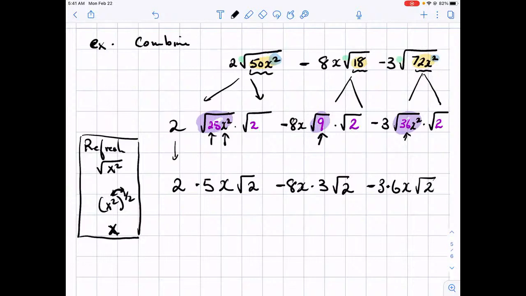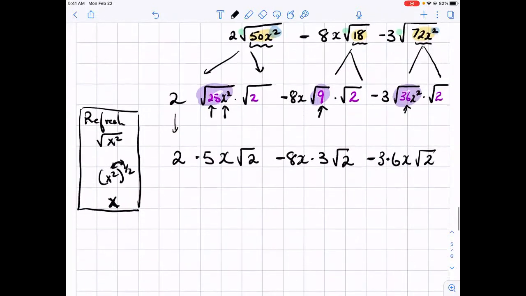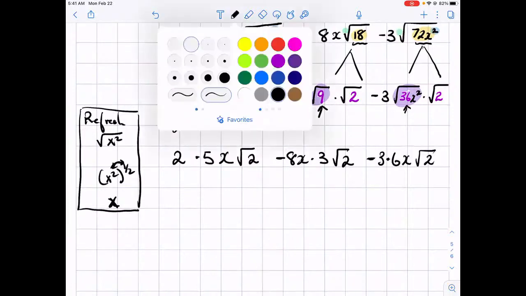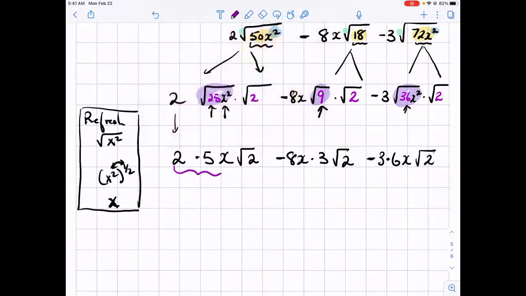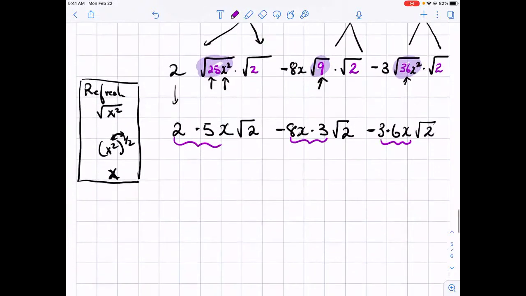And radical 2 is left. Now, if we combine these, we multiply. So 2 times 5x becomes 10x root 2, minus 3 times 8 or 24x root 2. 3 times 6 is 18x root 2.